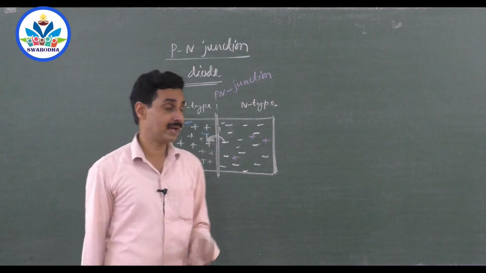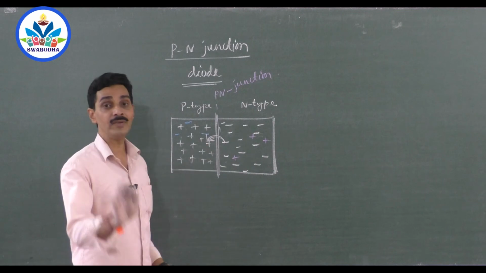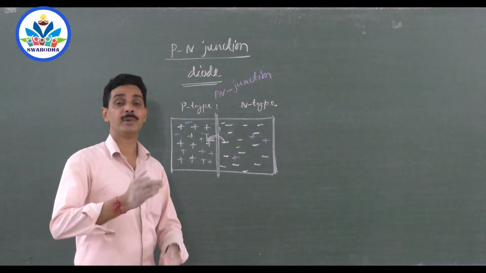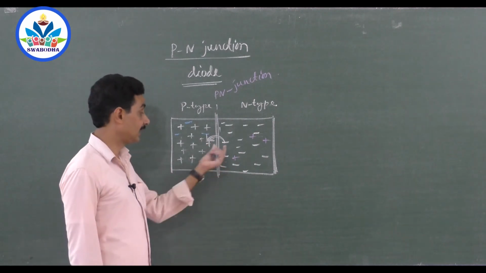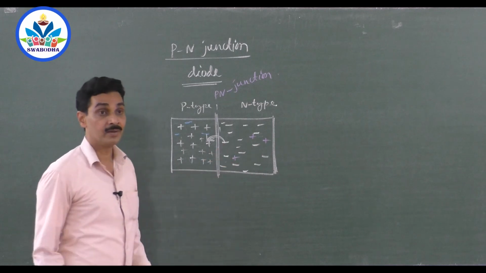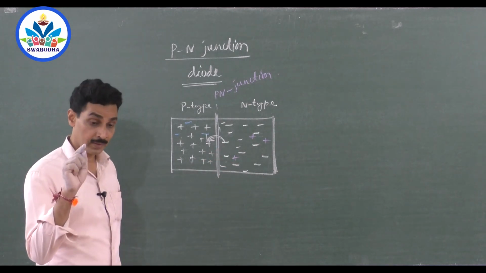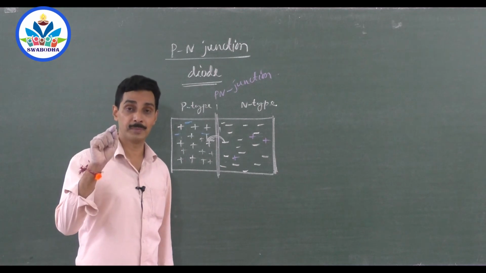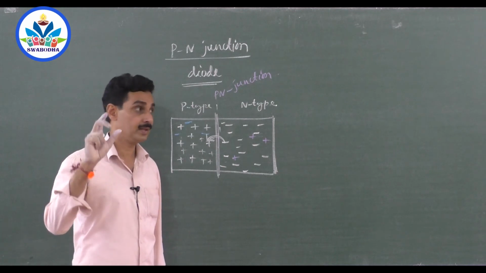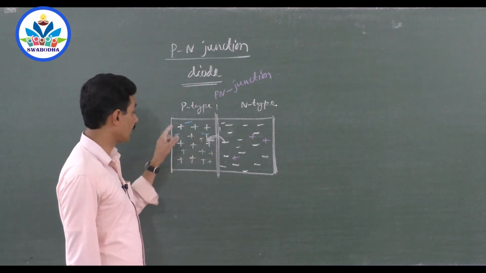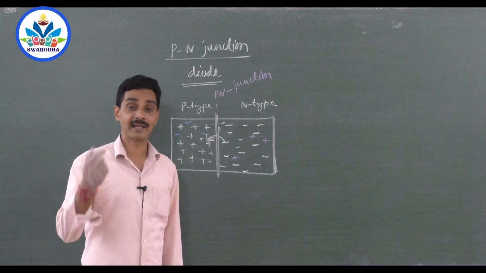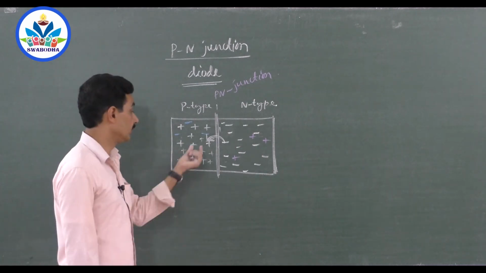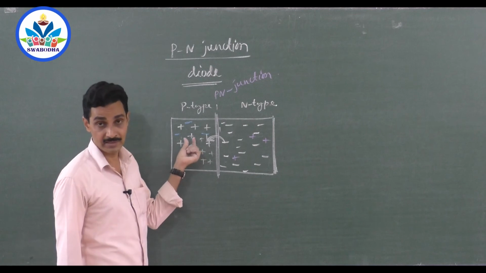But once that electron fills that bond, now it is not free. It is bound now. So an electron from the n side, which is an extra electron for forming the bond because it was doped with pentavalent impurity, can move to the p side where the concentration of electrons was less and can complete the scarcity of bond which was created by trivalent impurity doping here.